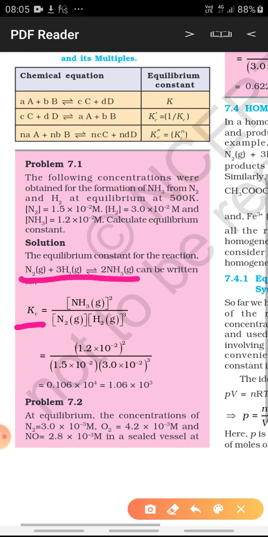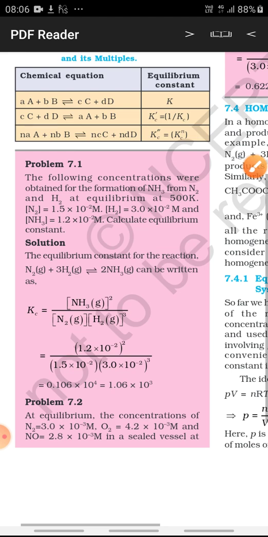Now for this reaction, the equilibrium constant Kc will be equal to the product of molar concentrations of products divided by the reactants. Now we have to write down the stoichiometric coefficient along with that. That means for NH3 it was 2, so we have written the power as 2. And for hydrogen it was 3, so we have written the power of hydrogen as 3. Now putting the values of concentration, you can calculate the value of Kc.